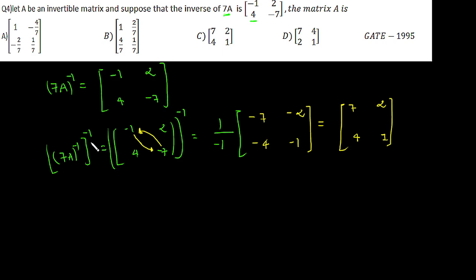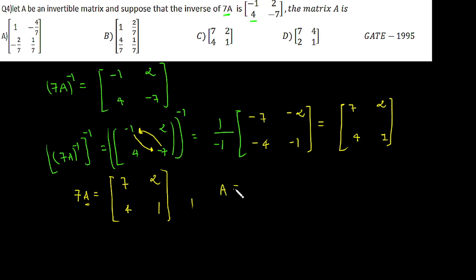Now on the left hand side we are taking the inverse of the inverse, so we simply get the initial matrix, which is 7A. So we get the value of 7A, which is 7, 2, 4, 1. But we want the matrix A, so let's simply divide both sides by 7.